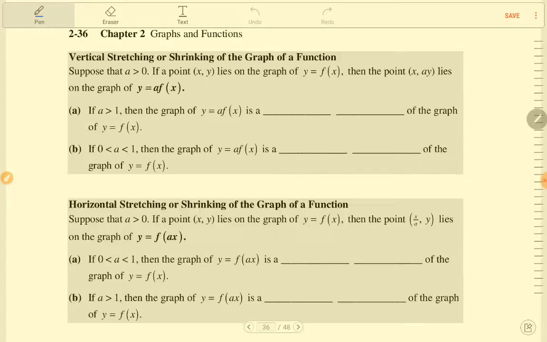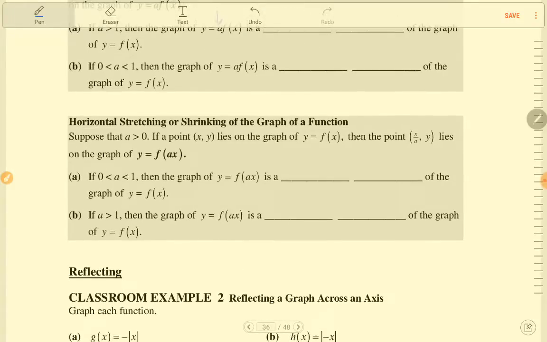All right, so vertical, looking at the top box again, notice that the coefficient is outside of f of x, and for the second box, the coefficient is on the inside of f of x. It's part of the input.